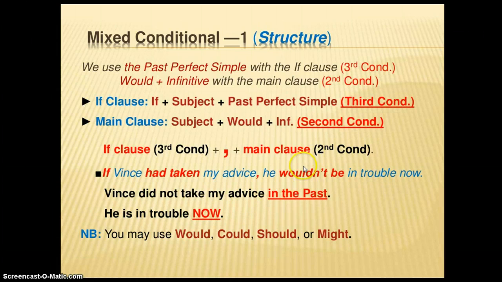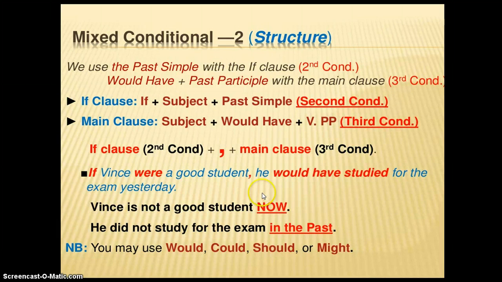Again, we could use would, but also could, should or might. And to finish, the last type of conditional sentences we will have a look at is this second mixed conditional sentence that contains if and a simple past, and the main clause that has a conditional perfect. That is a mixture between the second and the third conditional types. Let's have a look at this example. If Vince were a good student, he would have studied for the exam yesterday.